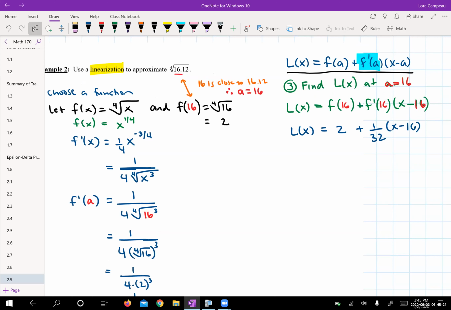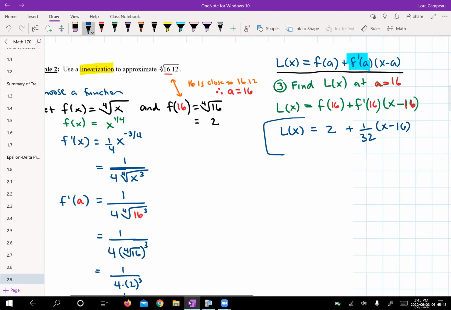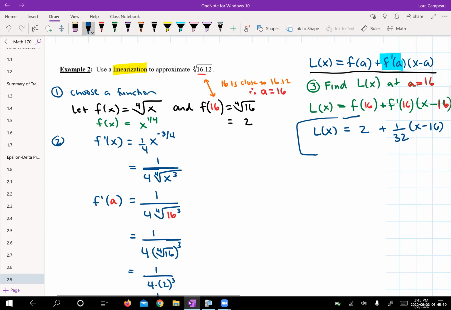So we're just making sure that the value of a we chose, the function evaluated at a, and the derivative of the chosen function evaluated at a get substituted back into the linearization formula. So now we have a much nicer formula. This is something that we're going to be using. I'd like to box it so that we see this.